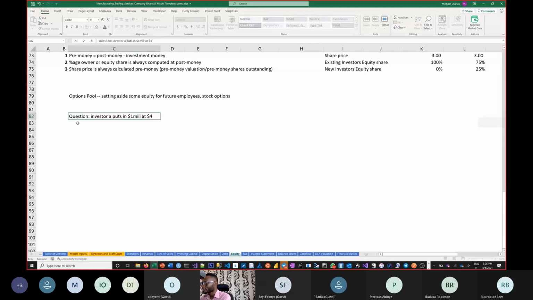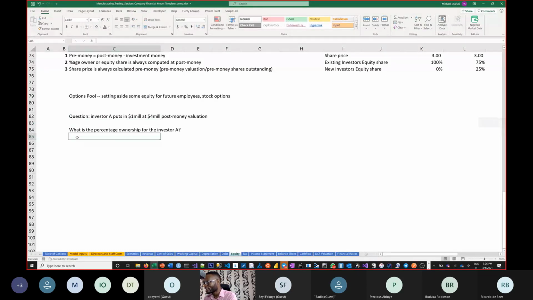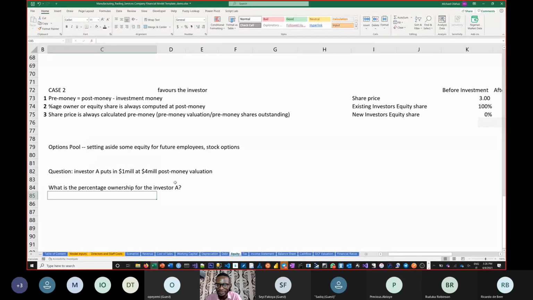What is the percentage ownership for investor A? Anybody want to give it a try? Does anybody want to give it a try? What would be the answer to this question? Based on what we've said, based on all we've done, what do you think? Investor A wants to put in 1 million naira at 4 million post-money valuation. Anybody? Okay, let's see. I think some people have typed in their answers.